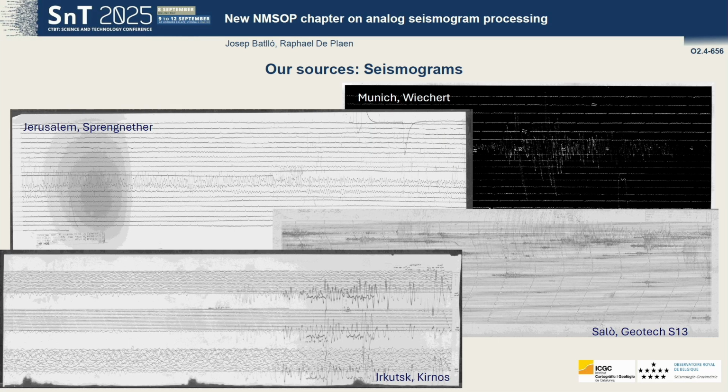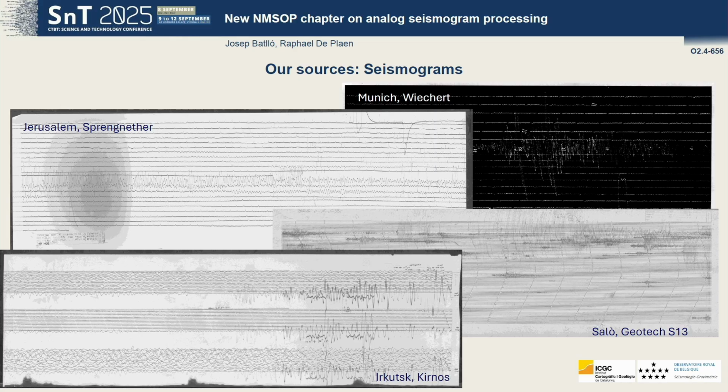There is a lot of variety. There is the smoked paper from Munich, the WWSSN from Jerusalem, another short period, a Geotech from Italy. The last three are from the Friuli earthquake, 1976. And the last one is Irkutsk, recorded on a Kirnos instrument with the three components.